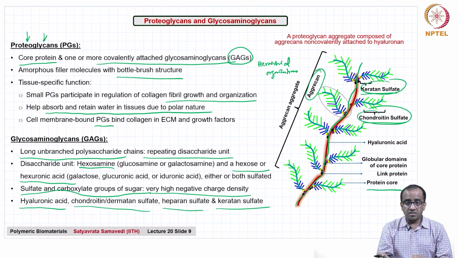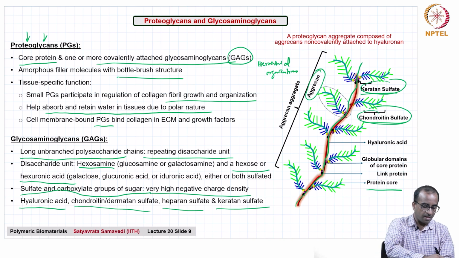So, again here is a family of molecules where the hierarchical organization and the structure give rise to specific kinds of properties, for example, charge density, which leads to some very important functionality. These are the points that you want to appreciate from a structure like this.